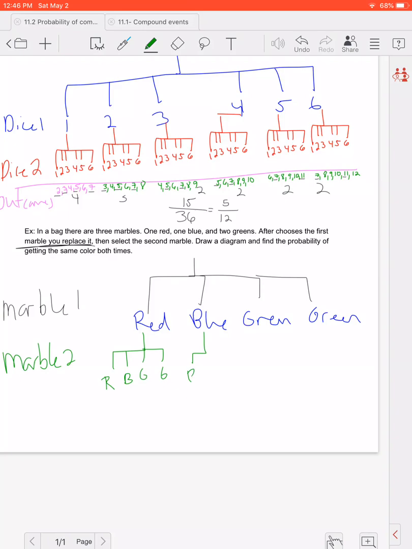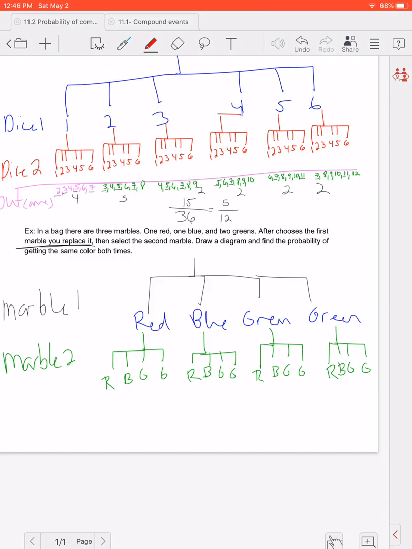Same thing here, I could choose red, blue, green, or green. Again, if I chose the green one first, I could have red, blue, green, green. And if I chose the second green one first, I could have red, blue, green, green. Now the reason I included the green twice is that'll change our probability.